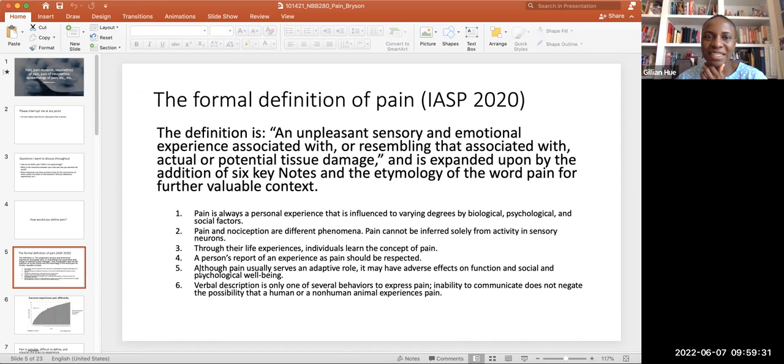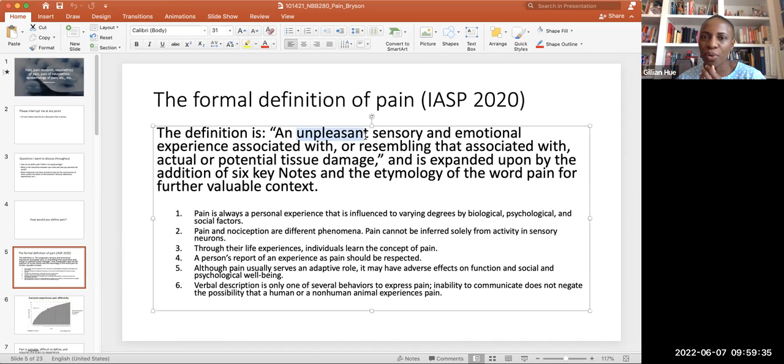There are 6 additional notes, but the main definition has a really important word in it.